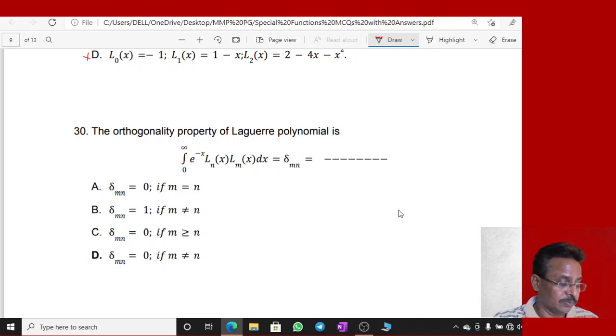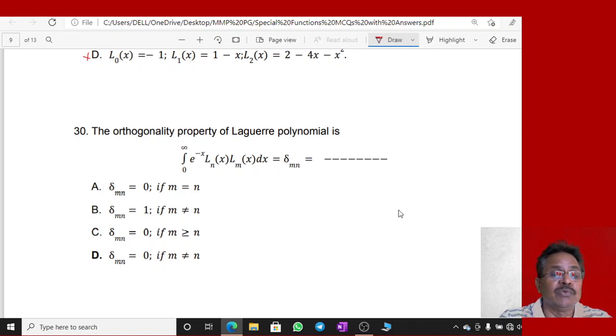Now here also the orthogonality condition is exactly as what we have done in the earlier case. There are four options given. If m is equal to n, this is not true, then there is a certain value for this delta mn. If m is not equal to n, delta mn is equal to 1, that is also not correct.